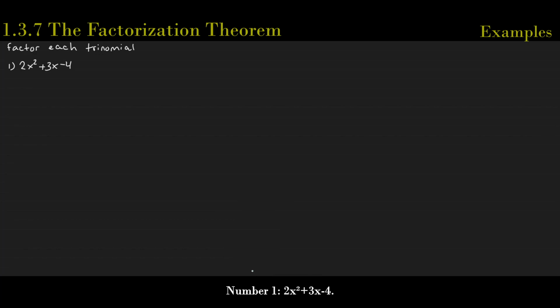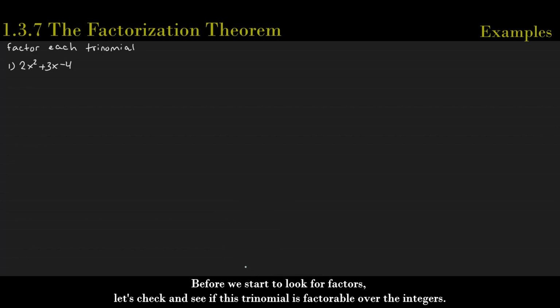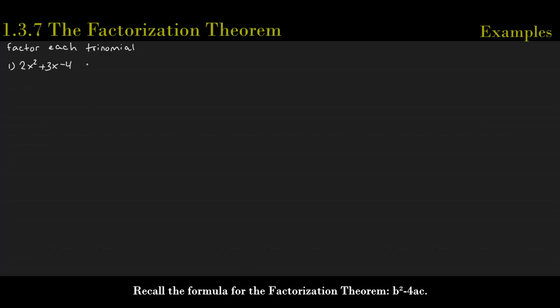Number 1. 2x squared plus 3x minus 4. Before we start to look for factors, let's check and see if this trinomial is factorable over the integers. Recall the formula for the factorization theorem, b squared minus 4ac.